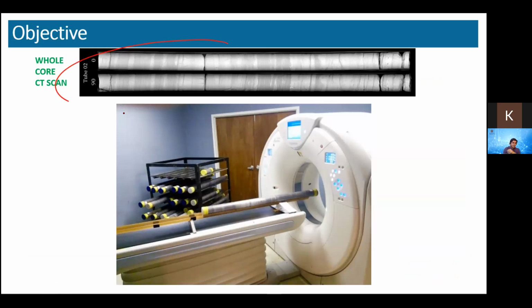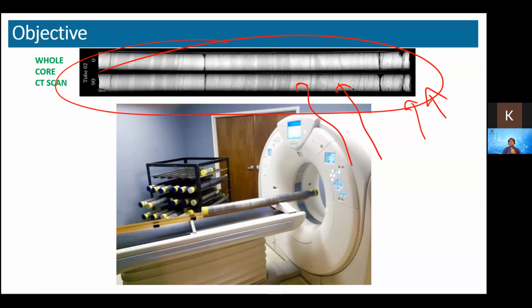So what you see here on the top is a computed tomography scan. It means a lot, but the easiest way of understanding these scans is as a density distribution. What you see here in bright light, anything that's very white, is where you have low density.